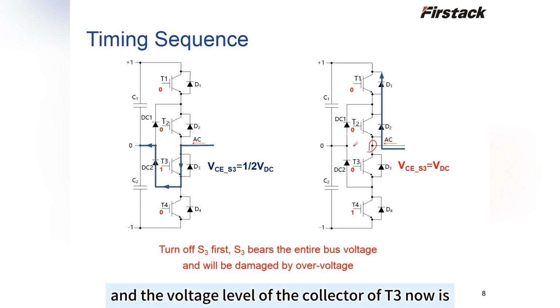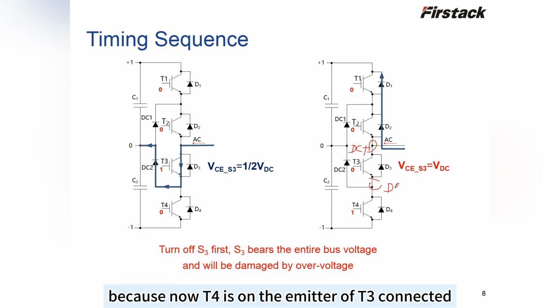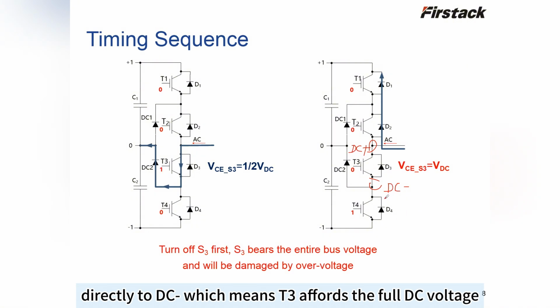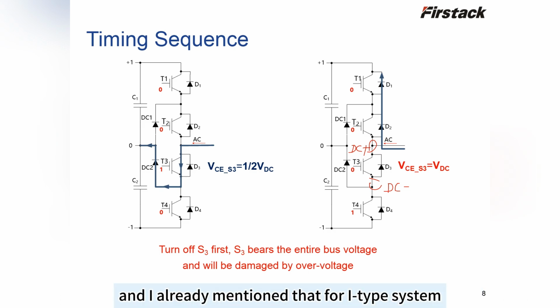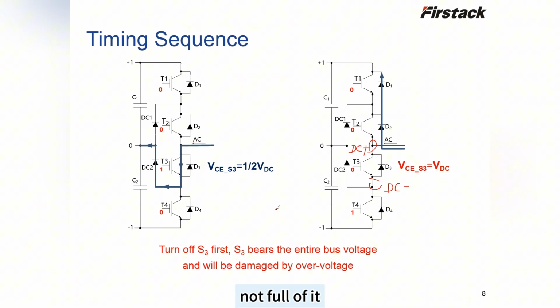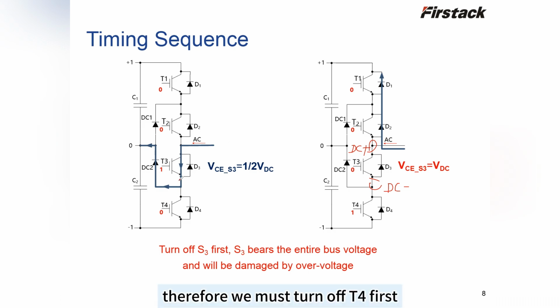The voltage level of the collector of T3 now is DC plus, and because T4 is on, the emitter of T3 is connected directly to DC minus, which means T3 takes the full DC voltage, not half of it. And I have already mentioned above that for the I-type system, each module is chosen based on half of the DC voltage, not the full one. Therefore, there is a risk that the module will be damaged by such a high VCE voltage. Therefore, we must turn off T4 first.